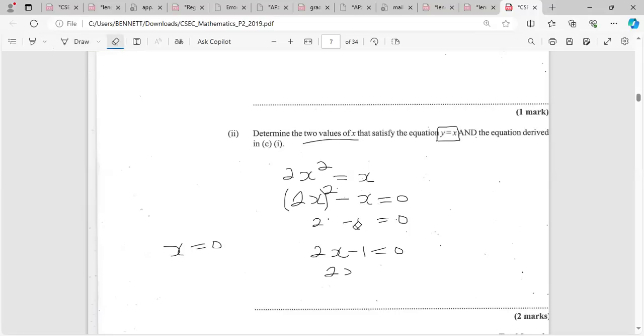Because when you square it, it's going to be 4x squared. That's the result. So it's going to be 4x squared minus x equals 0. So then when I factor out, it will give me x, and of course, that will give me 4x minus 1.